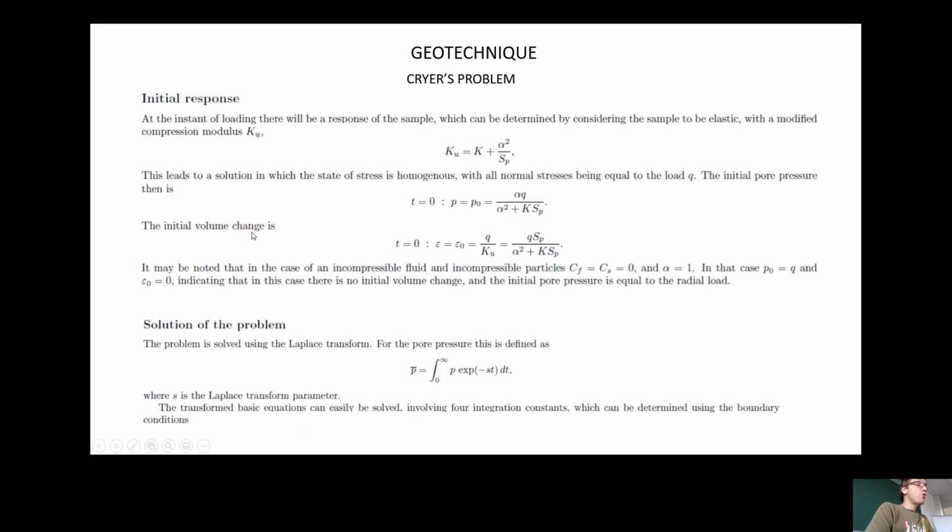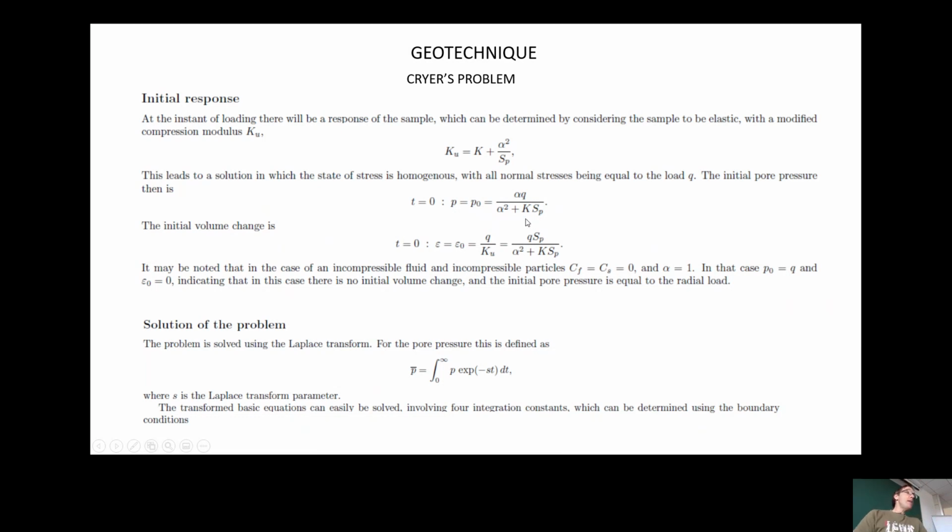The initial volume change at t equal 0 is ε0, similar to this, with Q S_p. So here we have both the initial pore pressure and the initial volume change defined in terms of K and S_p.